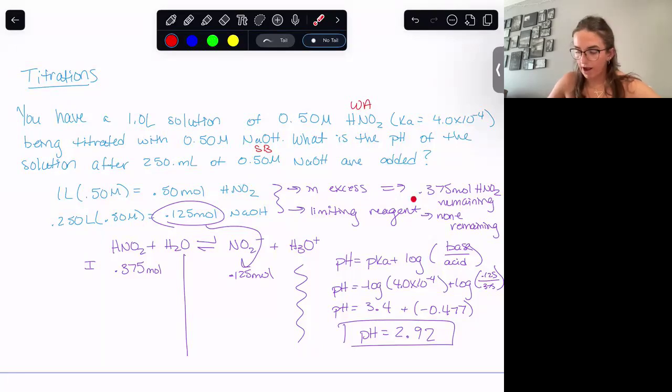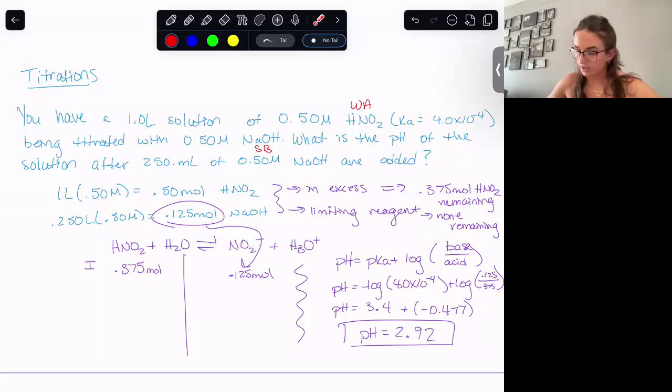So after we use up all of our base, we're going to have some moles of weak acid left over. That will be in solution. This 0.375 moles is also in solution with whatever was made from our limiting reagent, which would be the conjugate base.